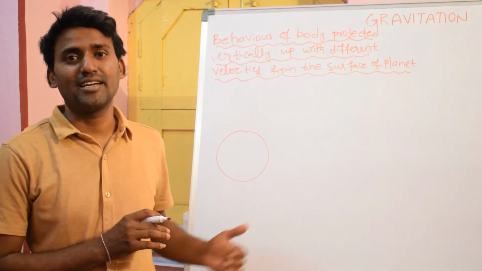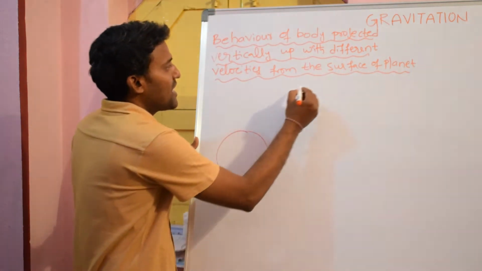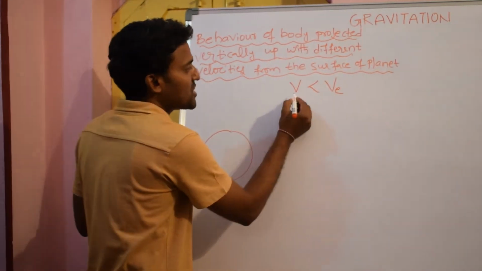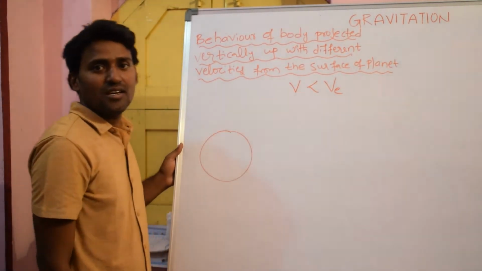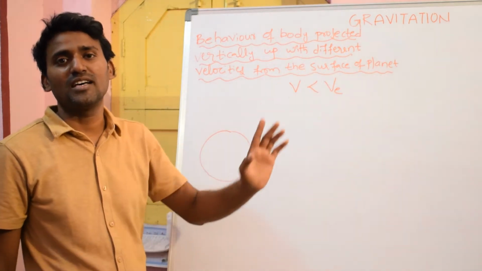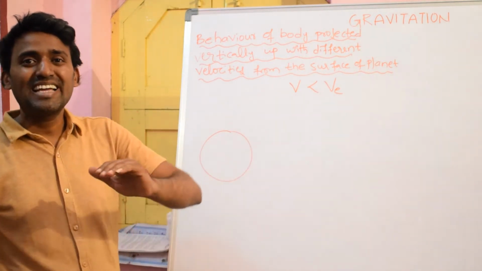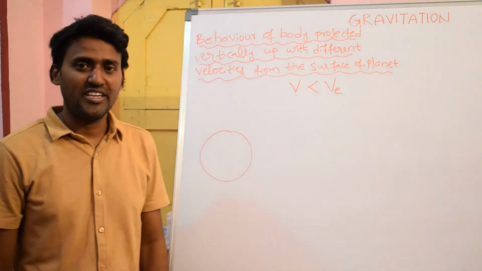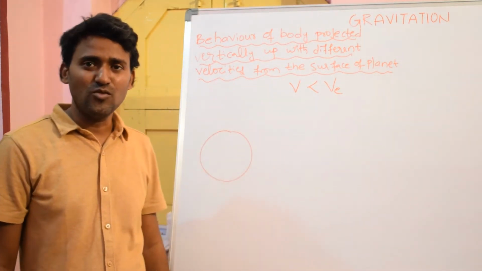That I want to calculate. The projected object has a velocity v less than the escape velocity. At that moment, it cannot escape from the gravitational force.